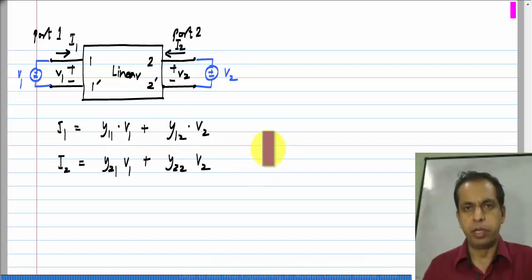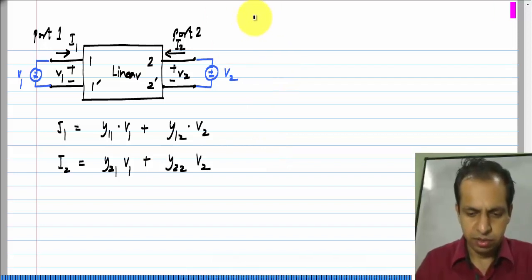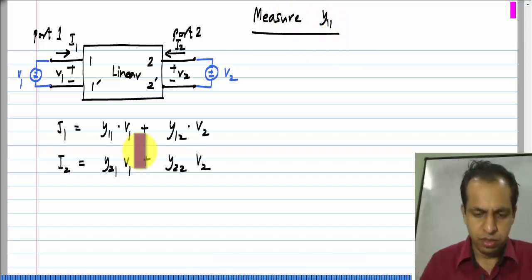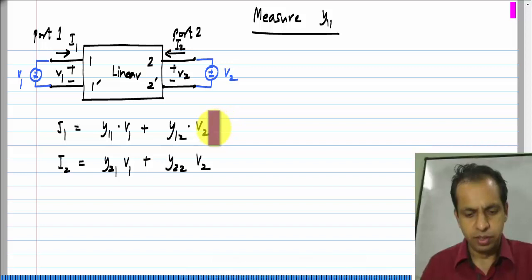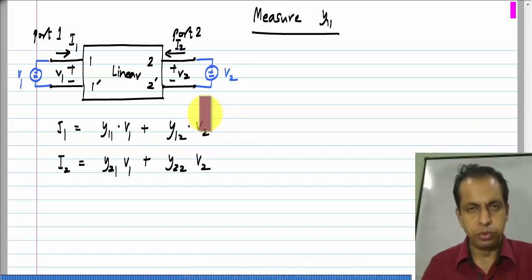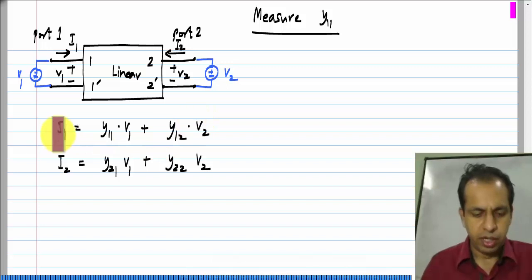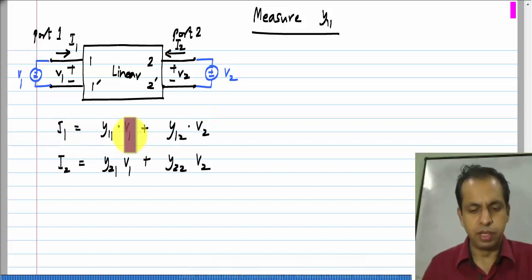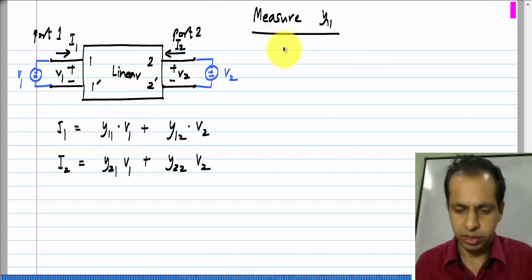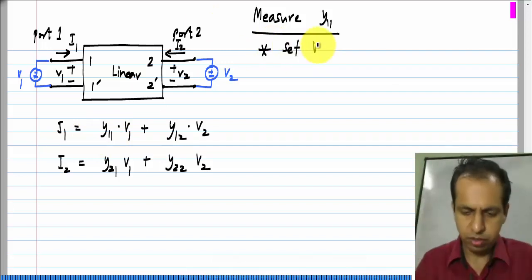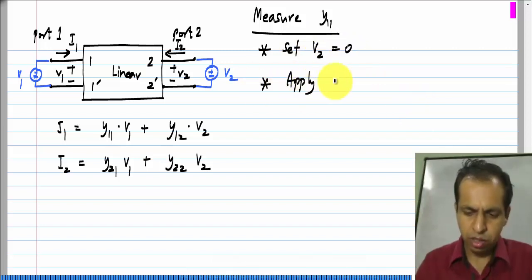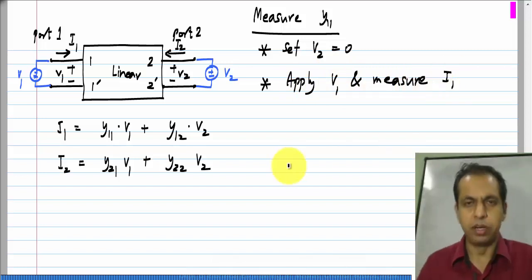We have 4 parameters. So, that means that we need 4 measurements, and a convenient way of doing it is, let us say we want to measure y11. y11 appears in this first equation. The easiest way is to set V2 to 0, so that the second term disappears completely, and we have I1 equals y11 times V1, and from that we can measure y11. Set V2 to 0, apply V1 and measure I1.